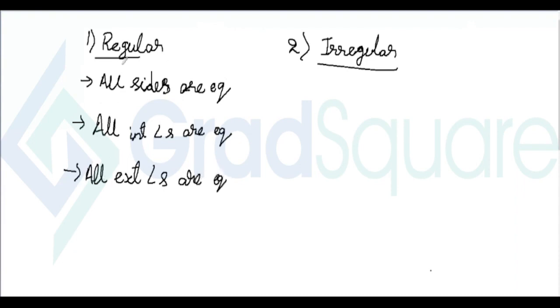So when these three are satisfied, then the polygon becomes a regular polygon. Even when a single one of these is not satisfied, it becomes an irregular polygon. So now the question that is asked several times and confuses students is: is a rhombus a regular polygon?